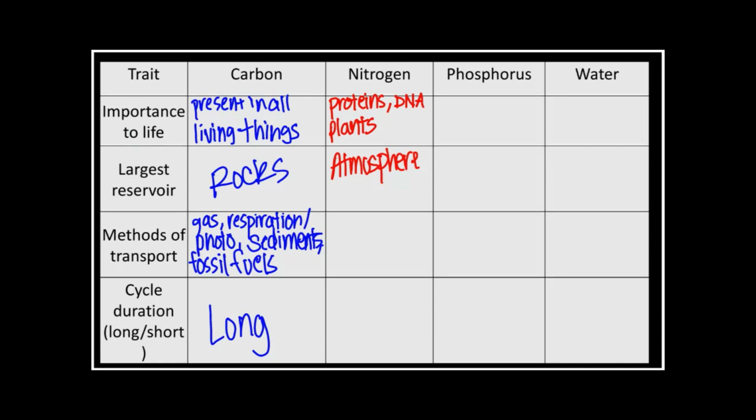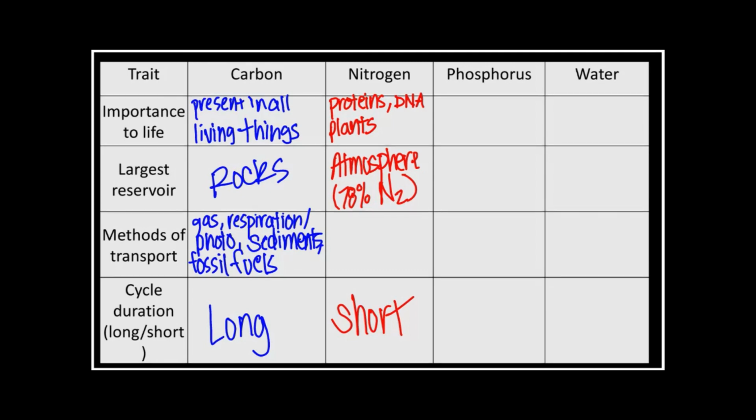In APES AB, you may have read in the atmosphere unit that 78% of the atmosphere is nitrogen. I'm not really going to talk about the methods of transport for nitrogen because it's in the atmosphere, and then we have some bacteria and things like that in the soil that can convert it to a biologically useful form. We can't really use the kind that's in the atmosphere.